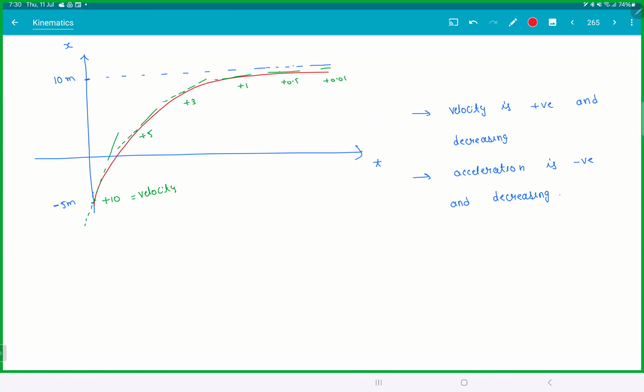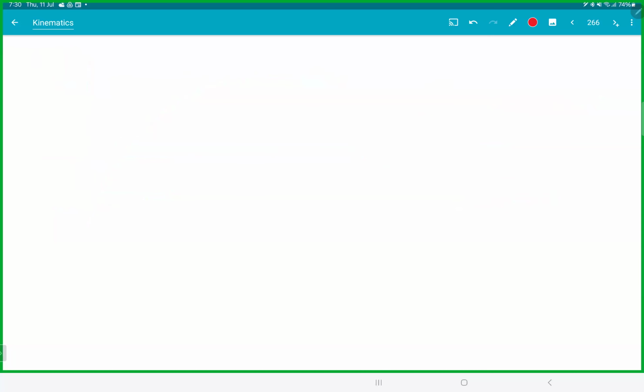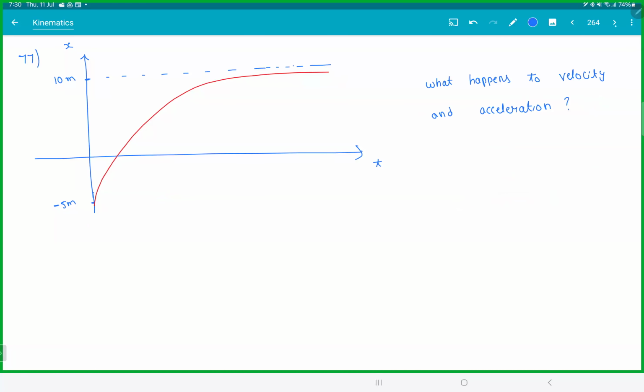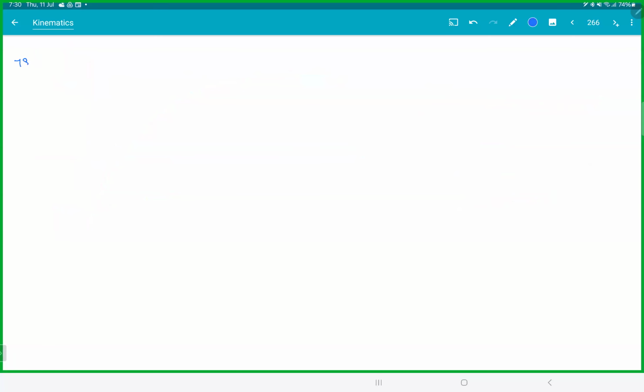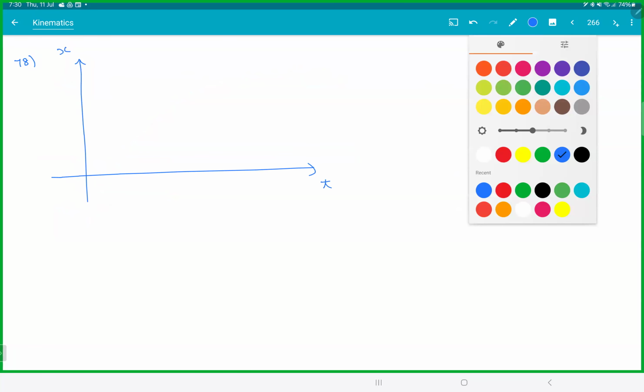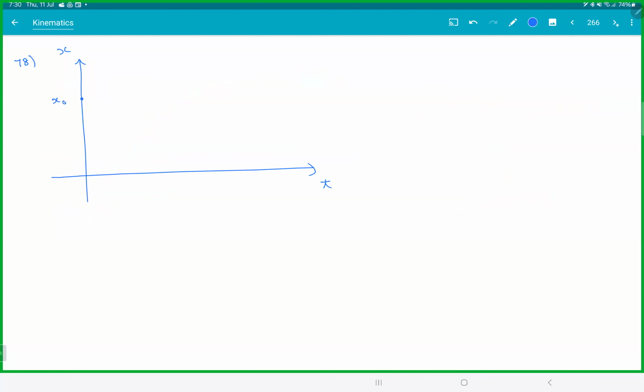Any doubts on this? Let's see another variation of this. There's a graph like this.